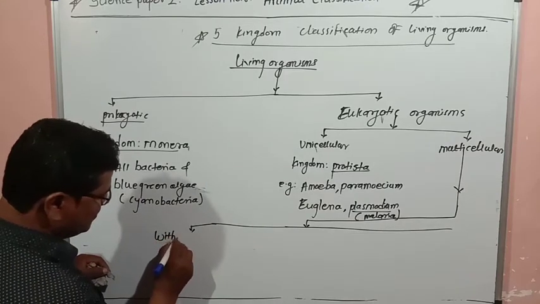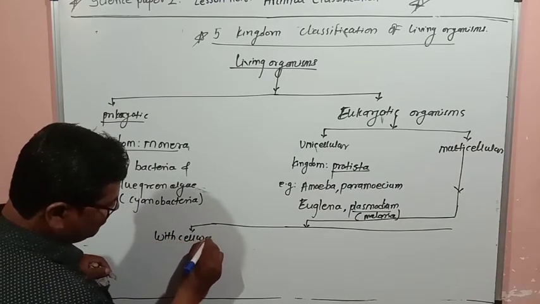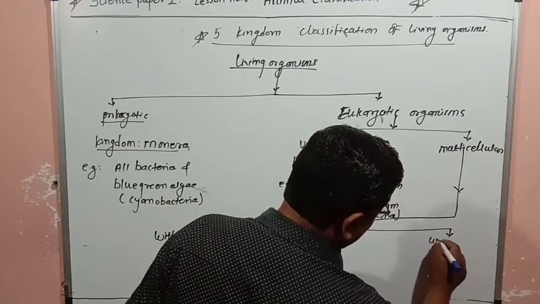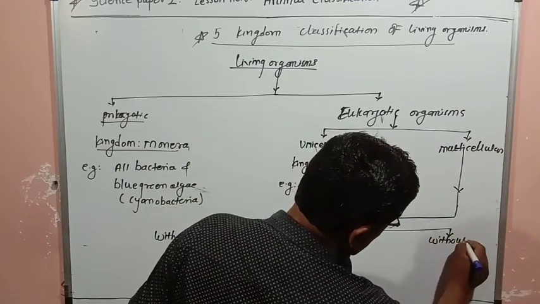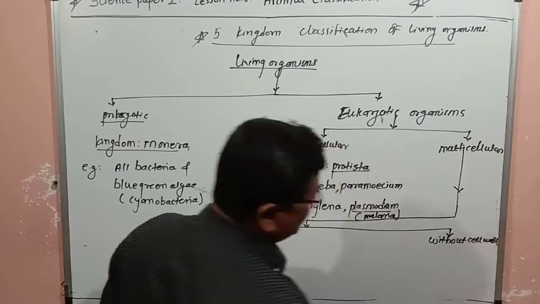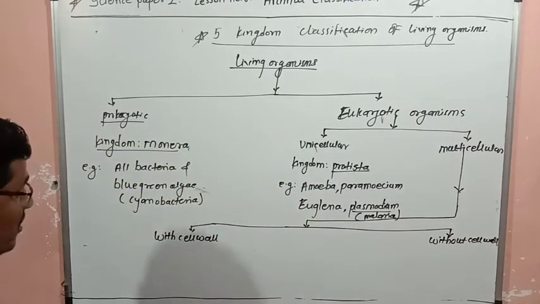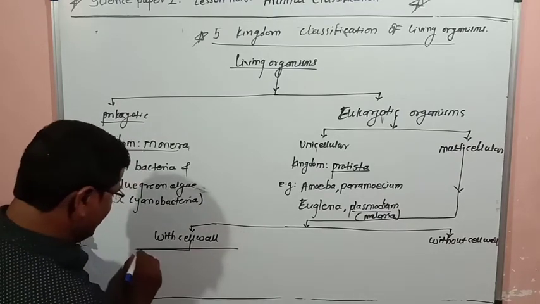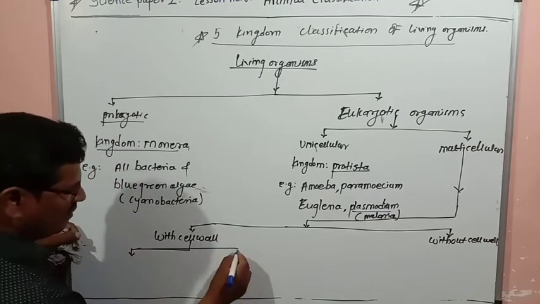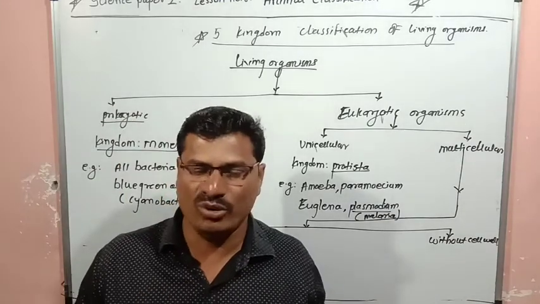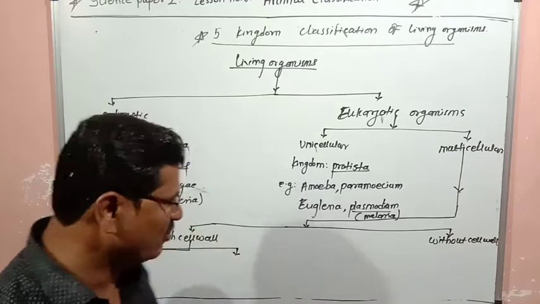In the with cell wall group, again two are there, autotrophs and heterotrophs.